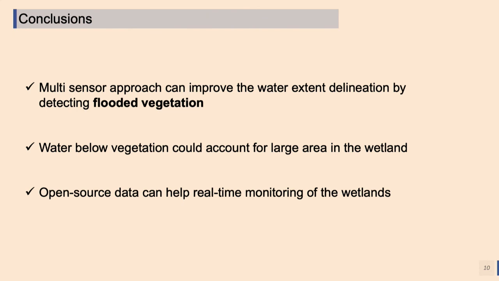And of course, using open source data, as we did, could be helpful for near real-time monitoring, because we don't need to download data, which, when it comes to satellite data, could be huge. So it's better to do this process online in cloud computing platforms like Earth Engine. And it could be helpful for near real-time monitoring, which is really needed in most cases.